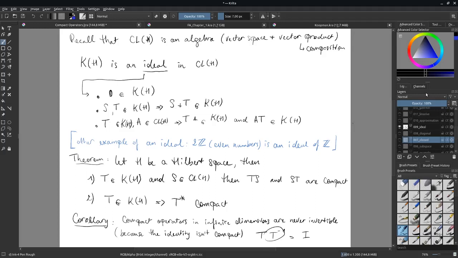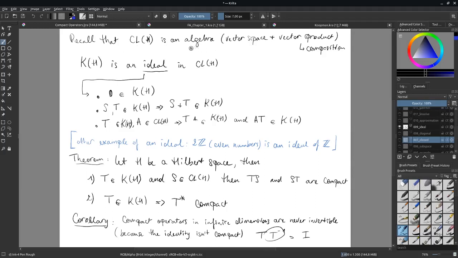The last property is more of an algebraic one. We've already shown that compact operators are a linear subspace of the bounded operators, but we have another thing, being that the continuous operators on the Hilbert space are what's called an algebra.